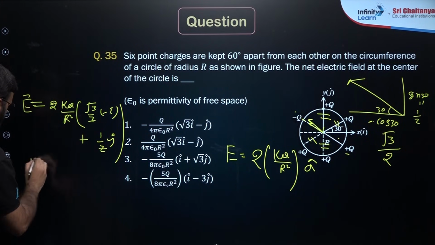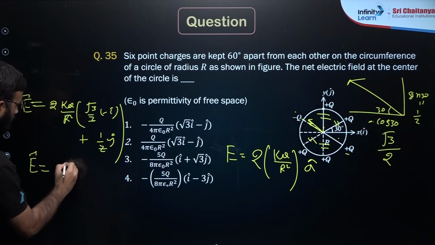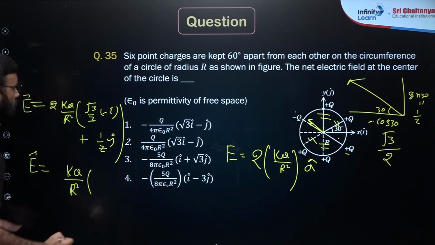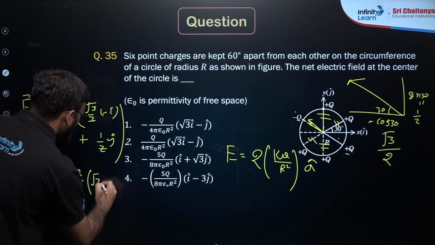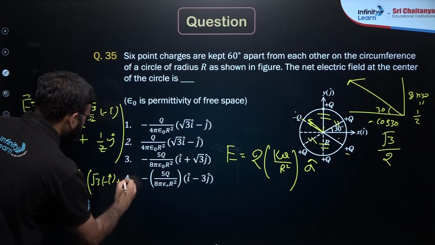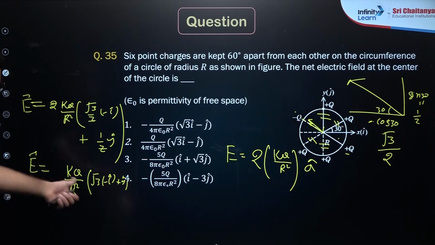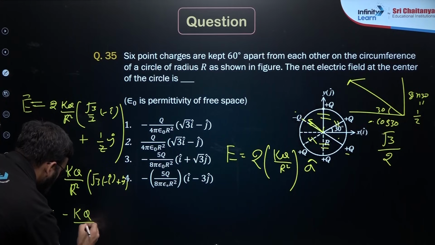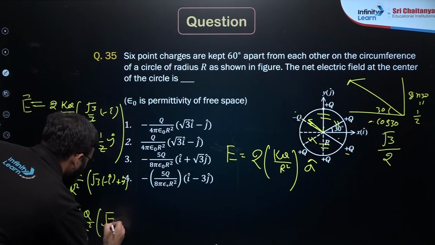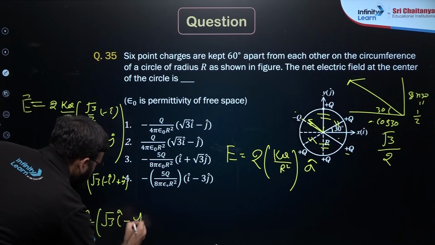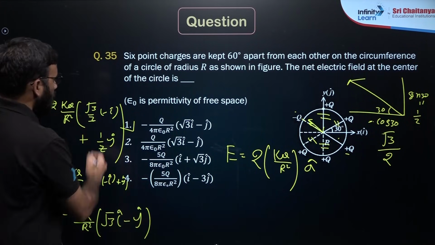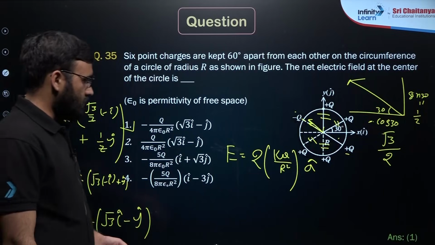So what is the E vector? kq upon r square into root 3 minus i cap plus j cap. You can take common out, so root 3 i cap minus j cap. Which option is matching here? Option 1. Okay, so option 1 is your correct answer beta here.